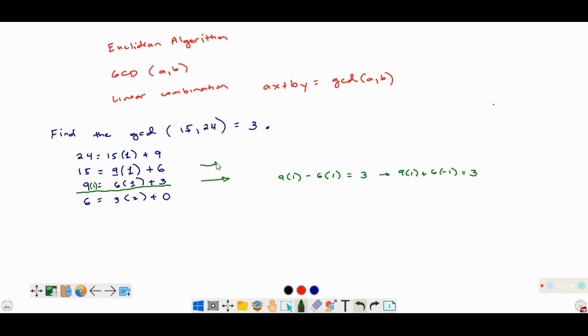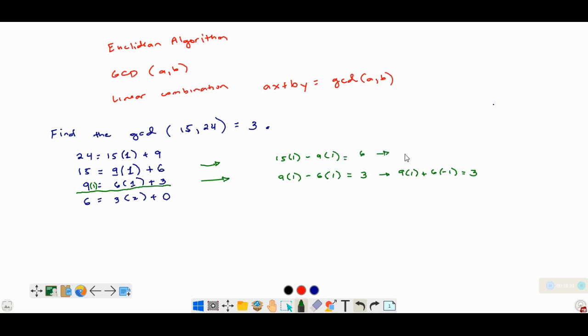Next, dun tayo sa pangalawa. We are going to write this line leaving 6 on the right-hand side. So, dapat si 9 times 1, nandun siya sa kabilang side. We have 15 times 1 minus 9 times 1 is equal to 6.